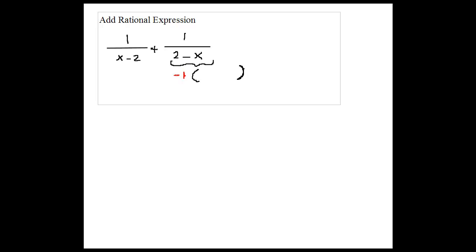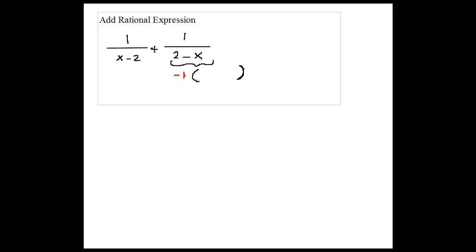So what times -1 gives me 2? Let's start with that one first. What do you think? Okay, so Shanisha says 2.